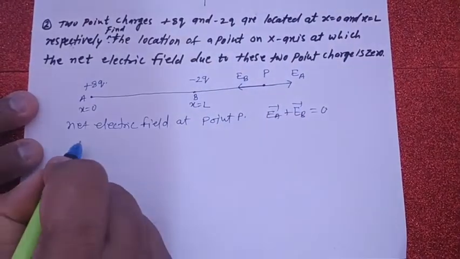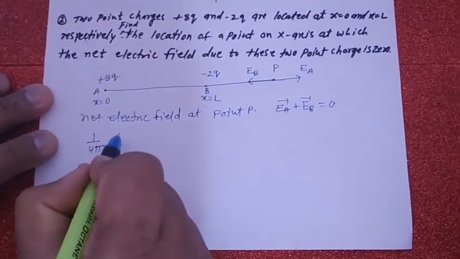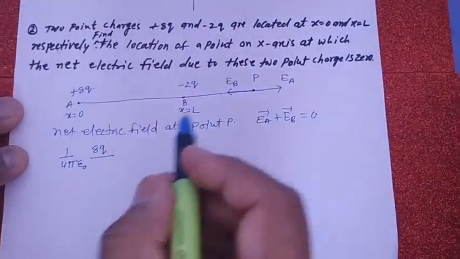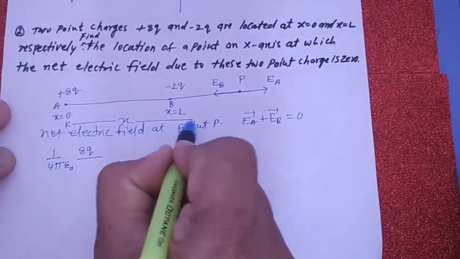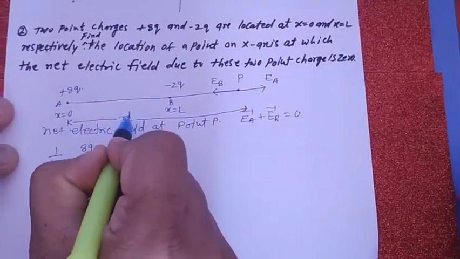What is EA? 1 upon 4 pi epsilon 0, 8q. Now suppose the distance from point P is x, or simply we say distance d.